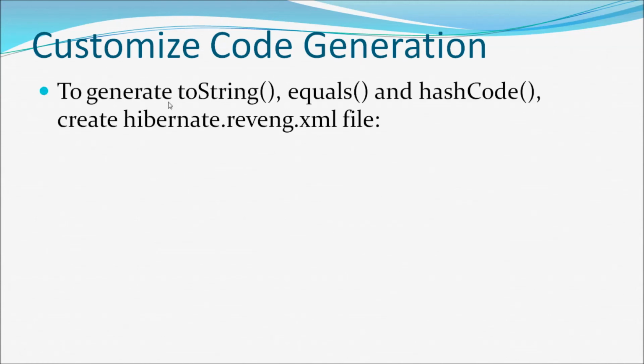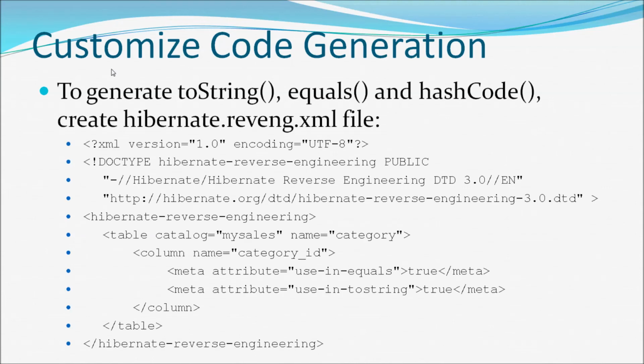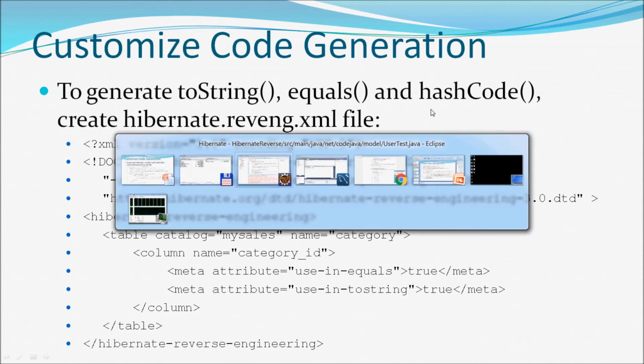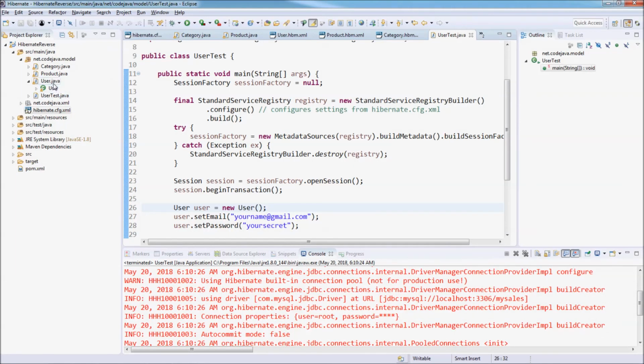Now let's see how to customize the code generation by modifying the generation configuration settings. For example, we want to generate toString, equals and hashCode methods for the User.java class here.